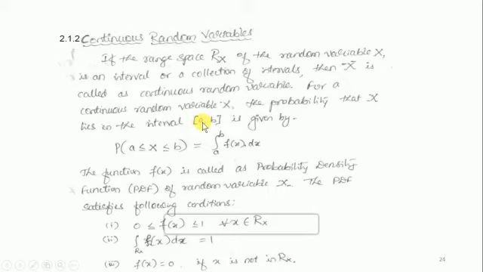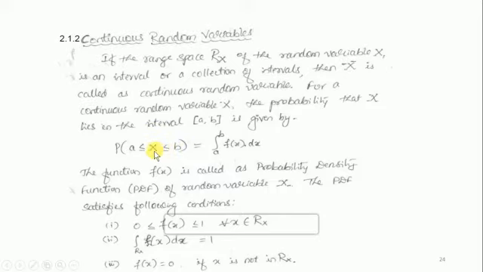So if x is in this interval between 10 and 100, then x will be called a continuous random variable. For example, here the probability that x is in this interval will be noted like this: P(a ≤ x ≤ b).